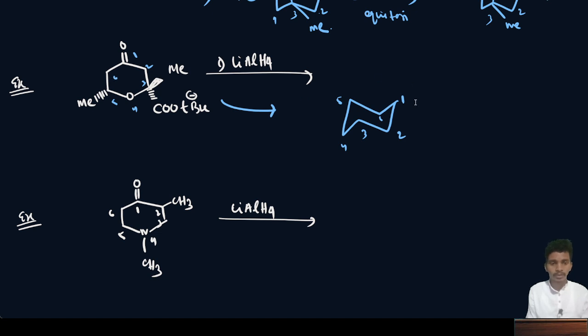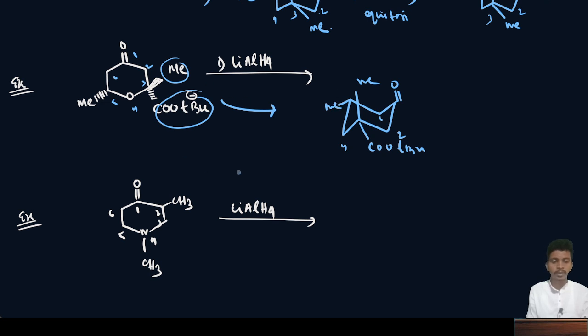At one position we have, let's say, a double bond, and at 2 and 3, see again at 3 position both bulky groups are there. Let's say one is methyl here and the other is, let's say, COO butyl, and at 4 and 5 let's say we have methyl groups.